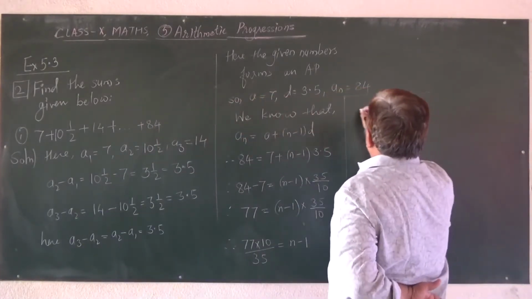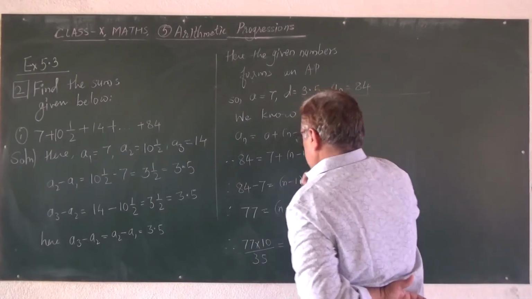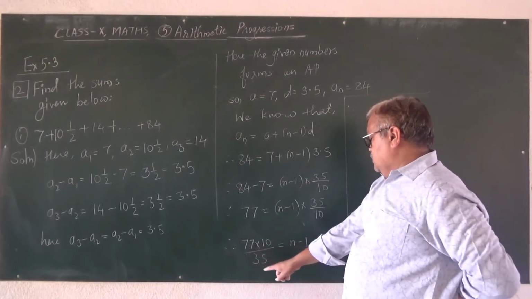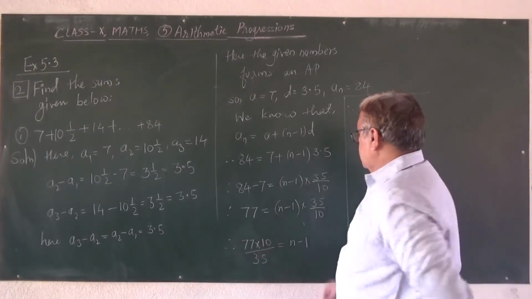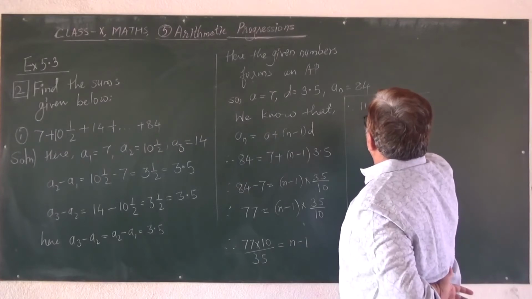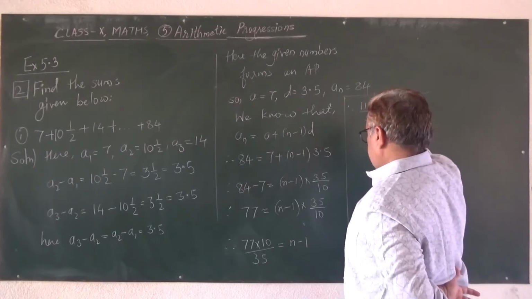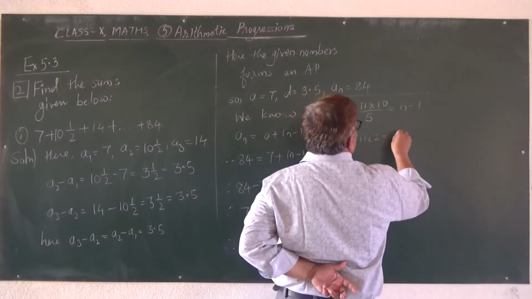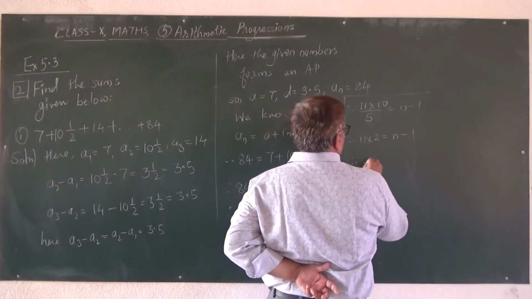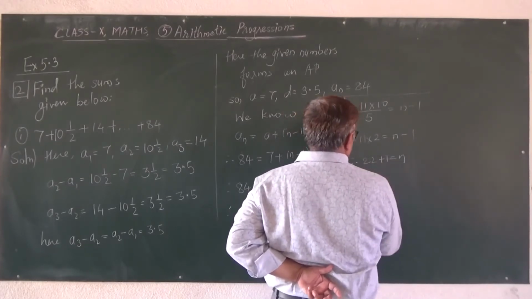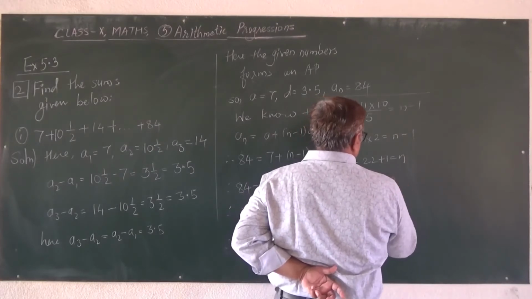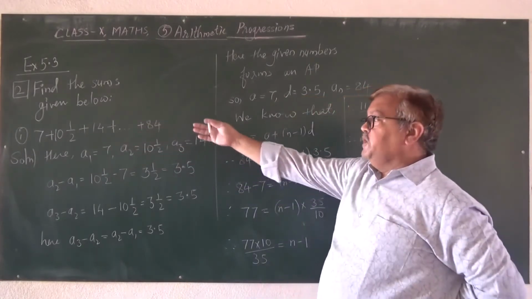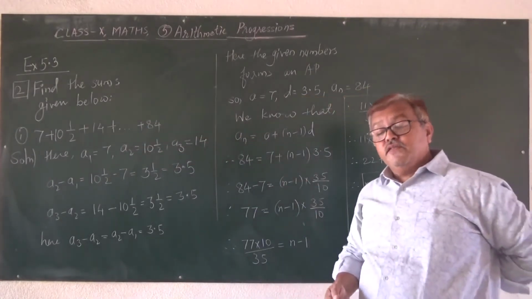So what will you get? 7 elevens are 77 and 7 fives are 35, so this is 11 into 2, which is equal to n minus 1. So 22 plus 1 is equal to n. So n is 23. We have proved it is an AP, and in this given AP there are a total of 23 terms.